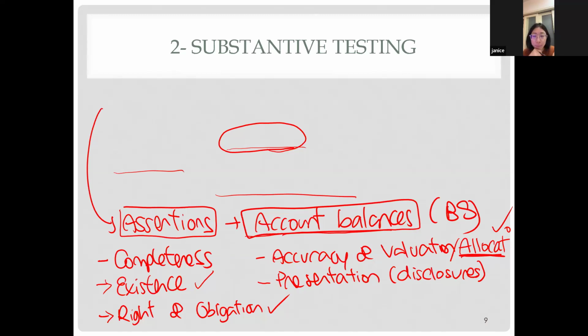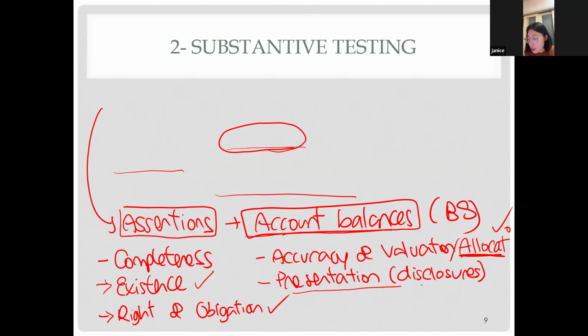So we're also going to check that for depreciation. For completeness, for the non-current asset, we can use the non-current asset register to do the completeness. So I'll show you guys when we're gonna do the PowerPoint. I'll show you guys how we can also verify completeness.